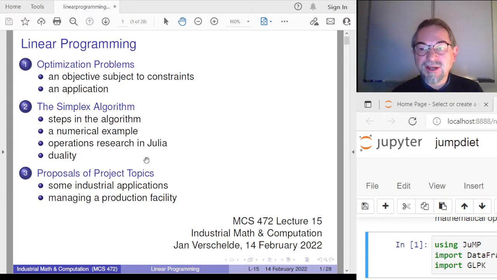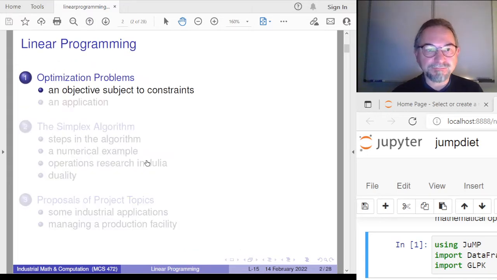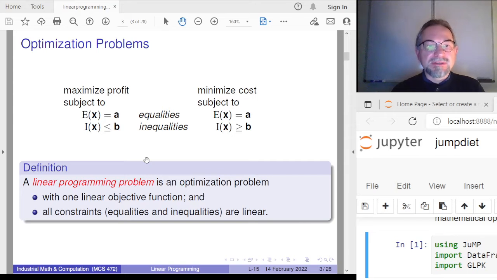What is linear programming? Well, it's a class of optimization problems. Constraint optimization is also the good word. We want to maximize profit or to minimize cost subject to inequality constraints and equality constraints.